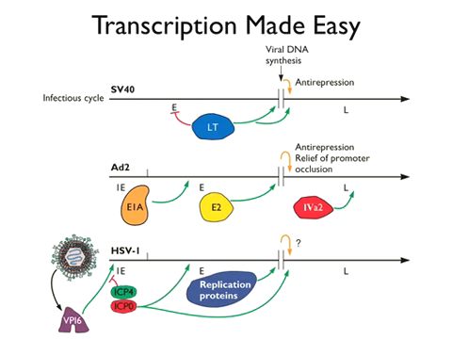And E2 is the polymerase, the adenovirus DNA polymerase, and we've shown you that that's involved in DNA replication and a variety of other early proteins, and they lead to anti-repression and relief of promoter occlusion, and the synthesis of 4A. And 4A is a protein that accentuates utilization of the major late promoter and allows for the production of structural proteins.